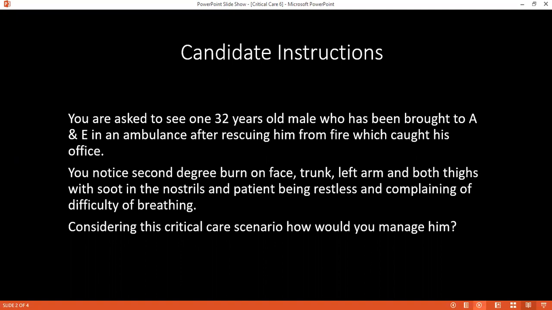All right. Where would you manage this patient? In the burns unit, ma'am. All right. What is the criteria for admission to the burns unit?